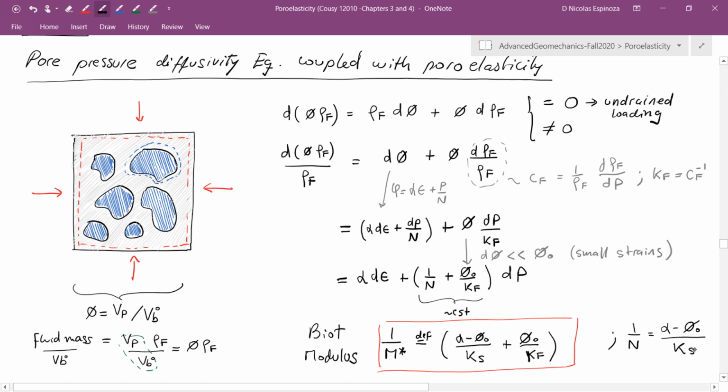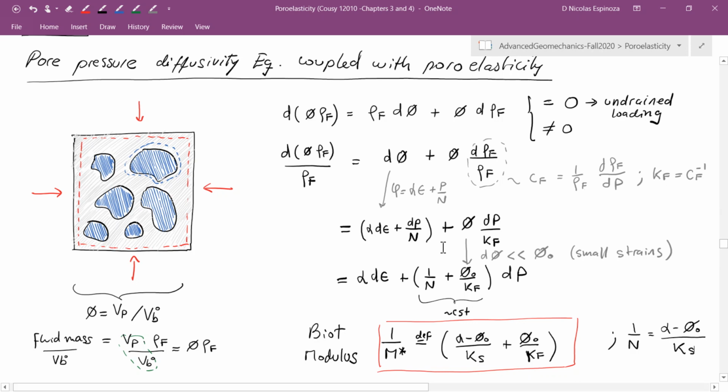Okay. Let's see what we do with this now. But basically what we've got so far is that the mass conservation within the porous solid now is also going to depend on the stiffness or compressibility of the solid part together with the compressibility of the fluid.